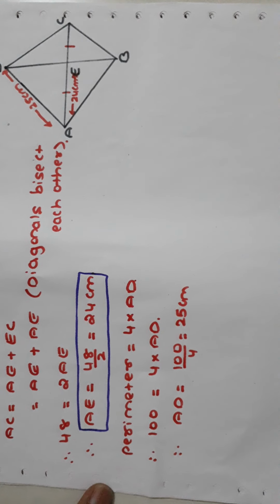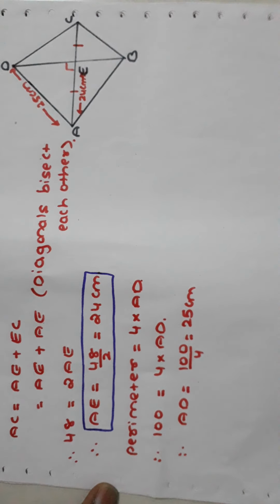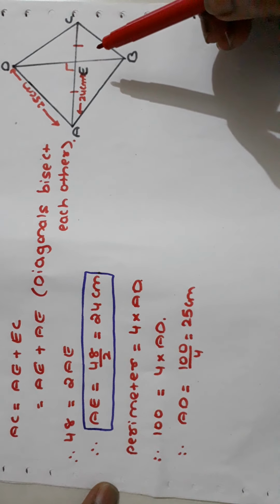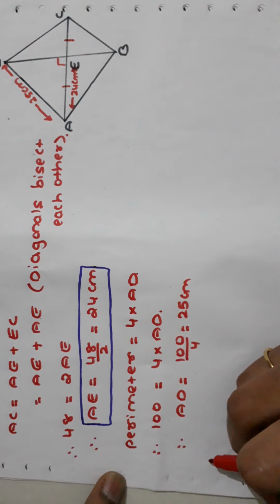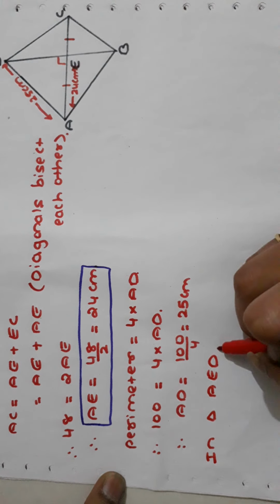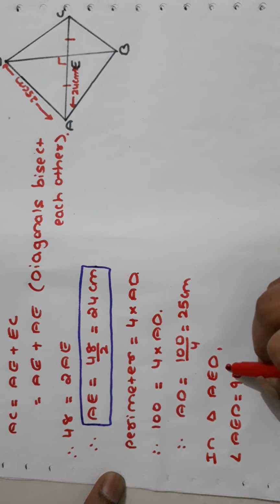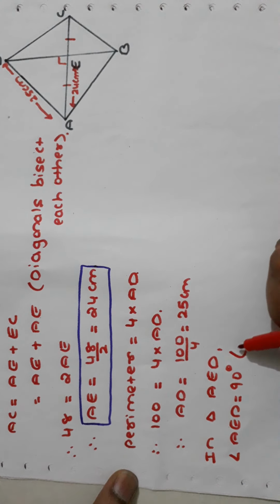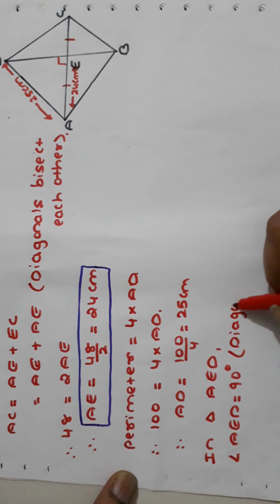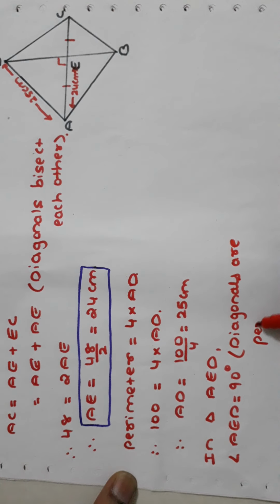Now angle AED is 90 degree, because diagonals are perpendicular to each other. So in triangle AED, angle AED is equal to 90 degree. The reason is diagonals are perpendicular bisectors of each other.